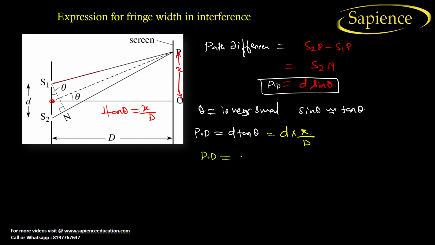So the path difference is equal to dx by capital D. I hope you have understood this. Okay.